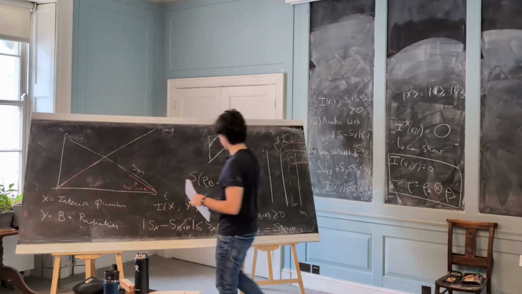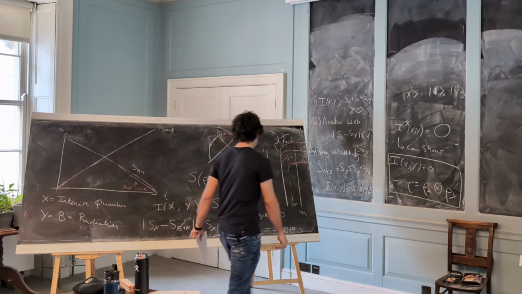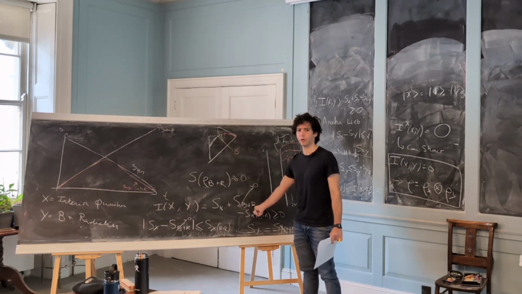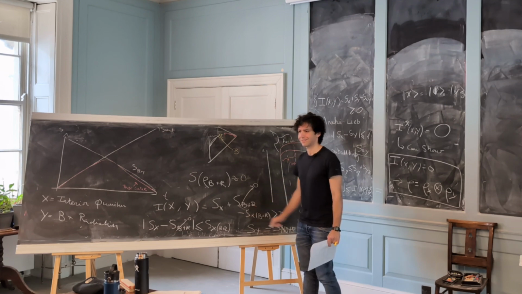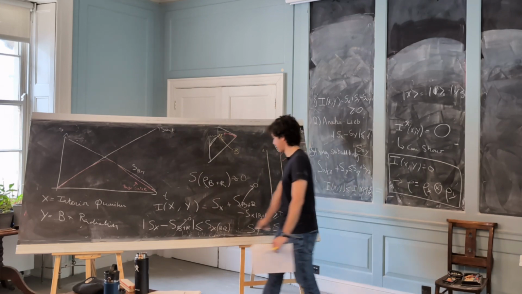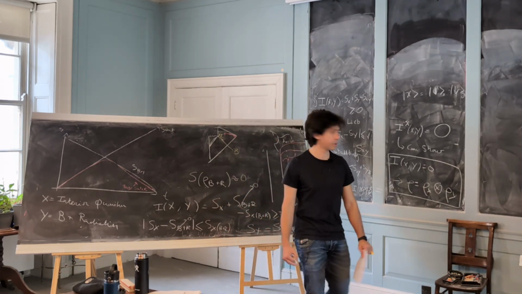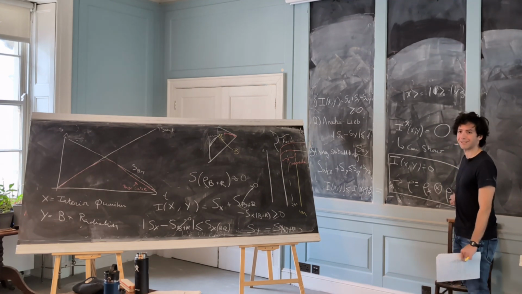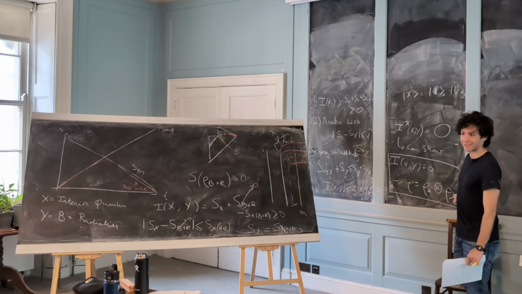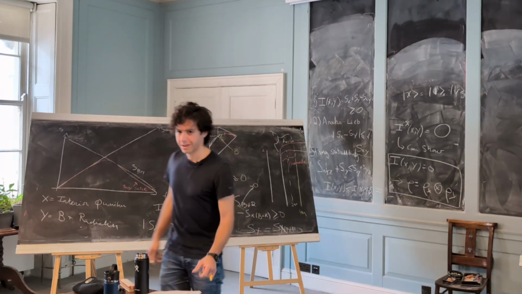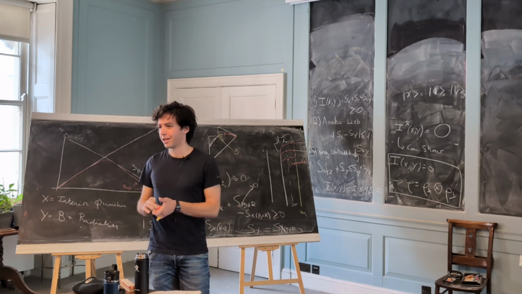So now, if I plug this back in to my mutual information, what do I find? I've just shown, because I've proven this, that my mutual information is 0. What does that mean? The state of the inside and the outside is a tensor product, which is a contradiction.